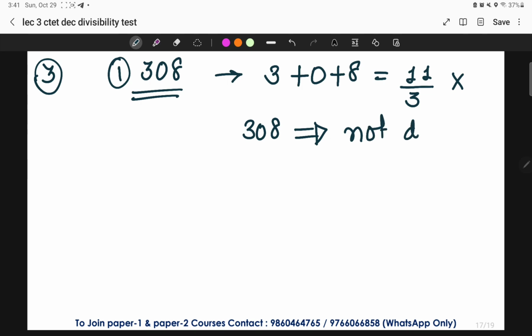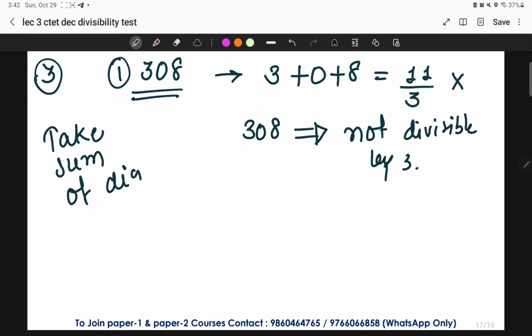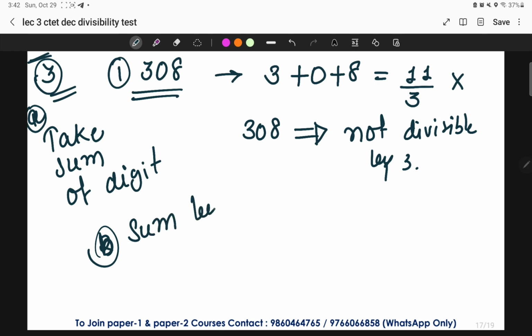What you have to do: step 1, take the sum of the digits of any number, and step 2, divide the sum by 3.